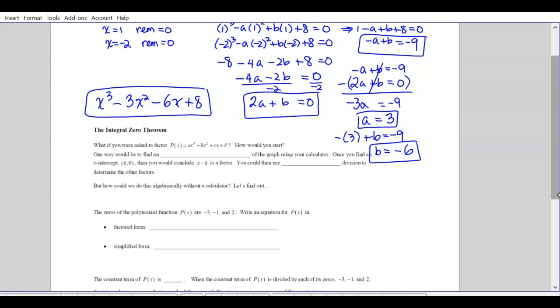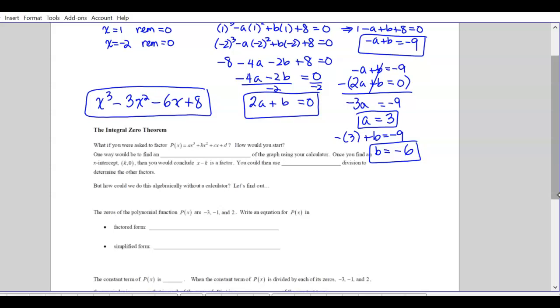So we're going to back up our work on our paper, but have our calculator to help us get there faster, okay? So leading up to that, basically what we want to do is figure out a way to know how to test or what values to test in the polynomial, right? Rather than just going through when x equals 1, 2, 3, 4, etc. Okay? You don't want to have to do that.